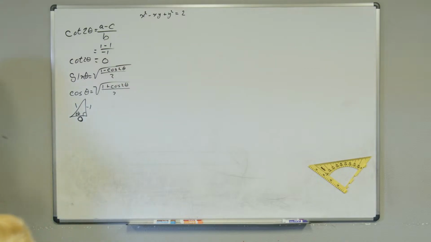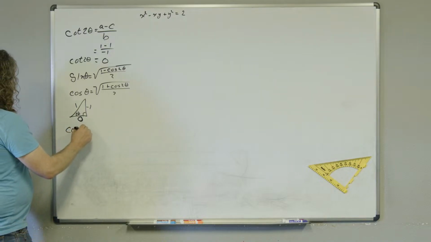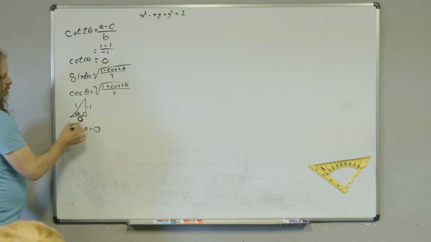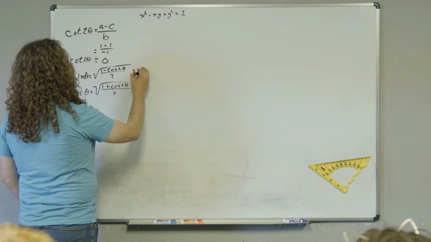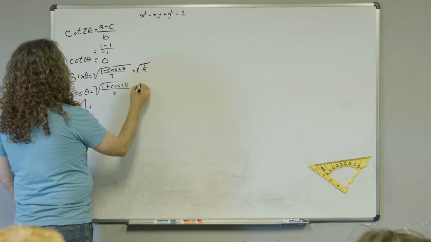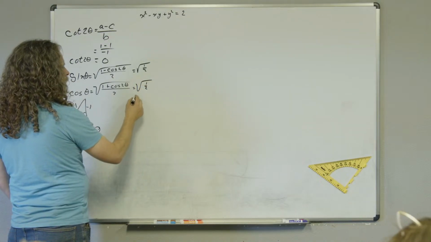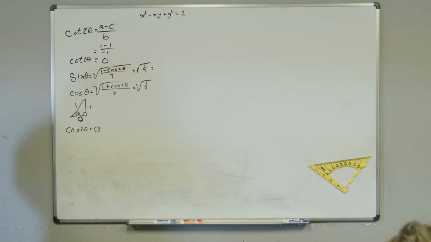But, okay, so the cosine of 2 theta would be adjacent over hypotenuse. So this would equal the square root of 1/2, and this would equal the square root of 1/2. No, 1 minus 0 is still 1.